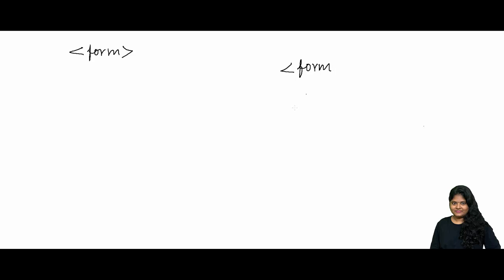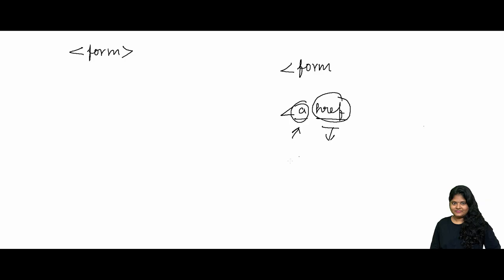Actually, yes, we have seen a and href, right? A is the anchor tag and href is the link we are going to link into our web page. So this is the attribute, and this is the tag name. An attribute means a set of rules which is added to the tag.